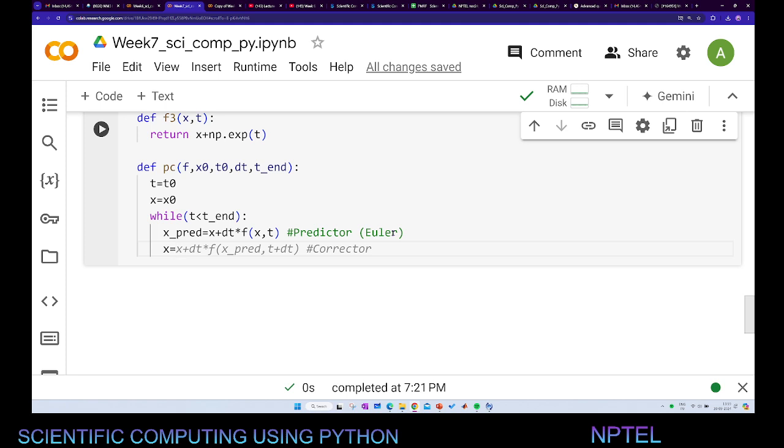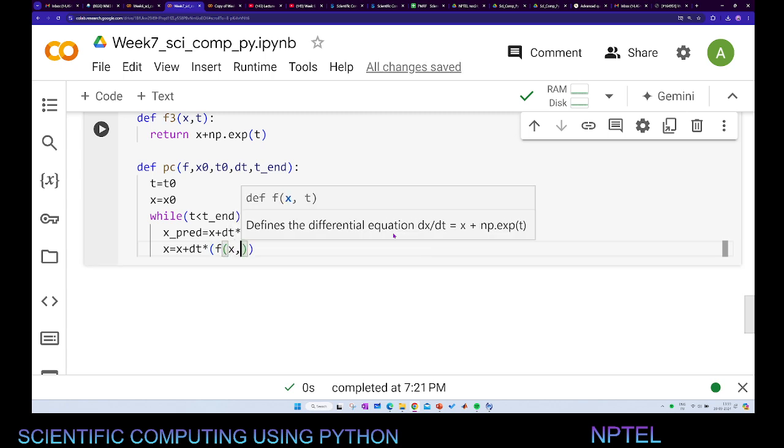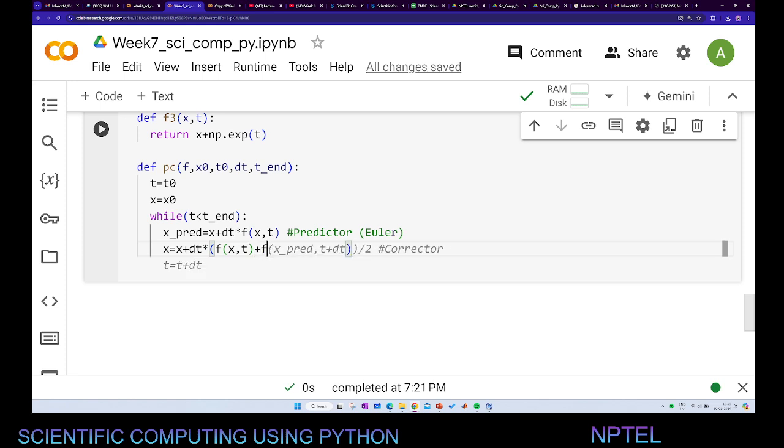We say that x is going to be x plus dt times something, just as usual, and that something is going to be a combination of f of x comma t at x, and then at what we predicted using Euler, t plus dt, divided by 2 because we have 2 f evaluated. So it's the average of Euler and what is predicted by the Euler.